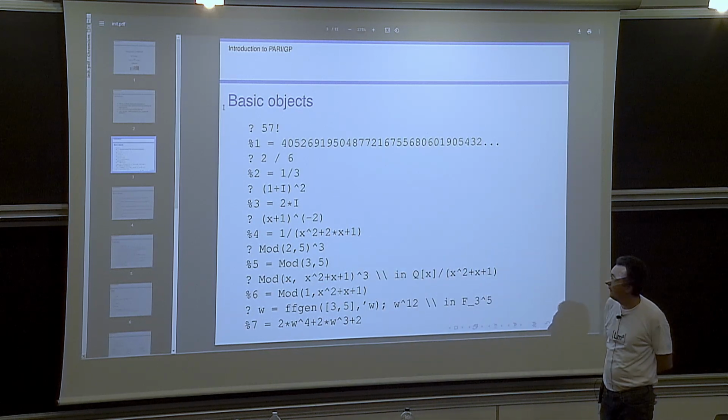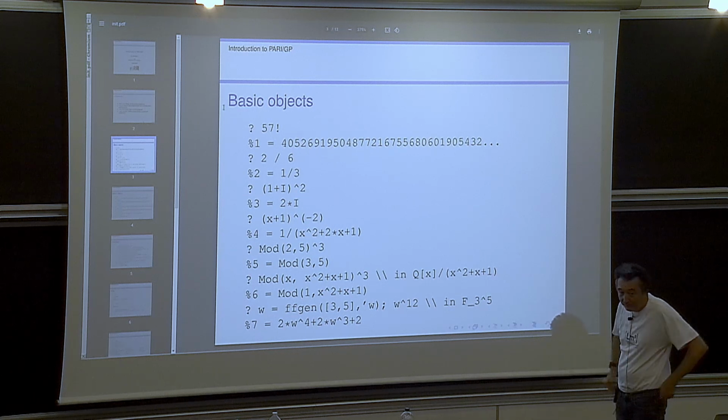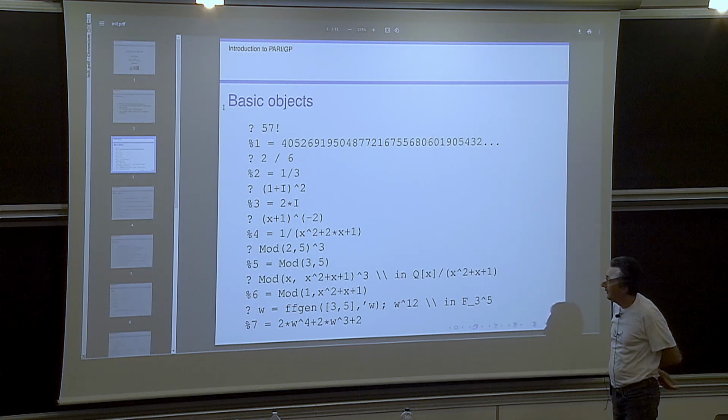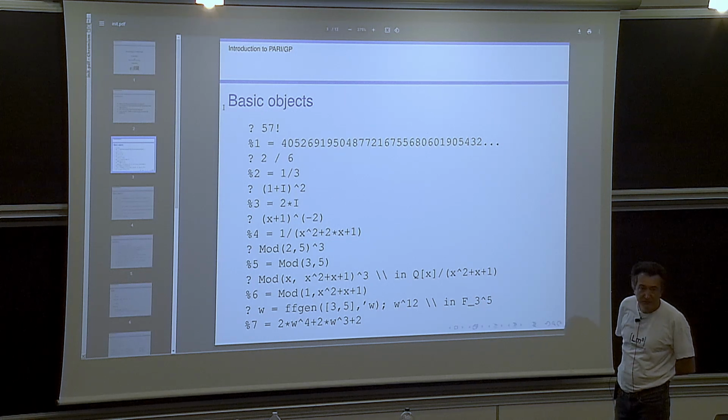Does it mean that PARI stores every object that you have computed in one session? If you have it in interactive mode, yes. Really? Well, you could disable that if you want, but in practice nobody does. If you have a lot of huge computations, then you just run out of space. You can't throw anything away. But only in interactive mode.